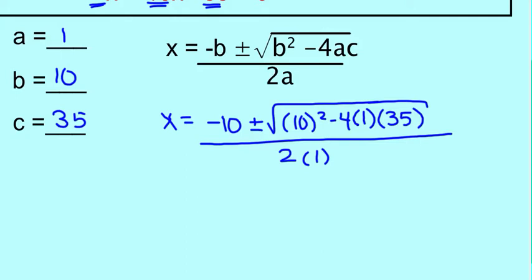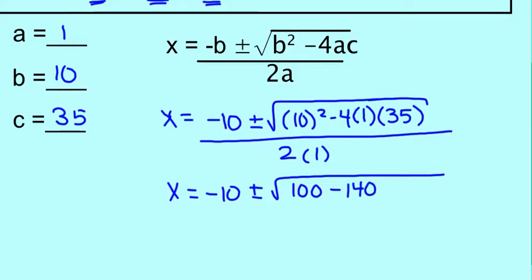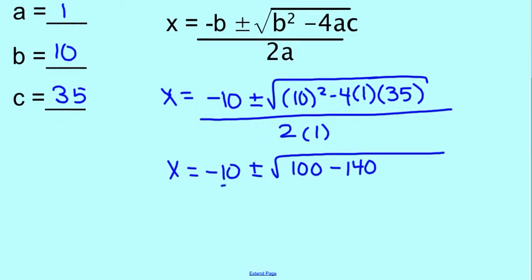Now let's simplify underneath the radical. Underneath the radical is 10 times 10 is 100. And then 4 times 1 times 35 is 140. Make sure it's a subtraction. And then all over 2 times 1, which is 2.